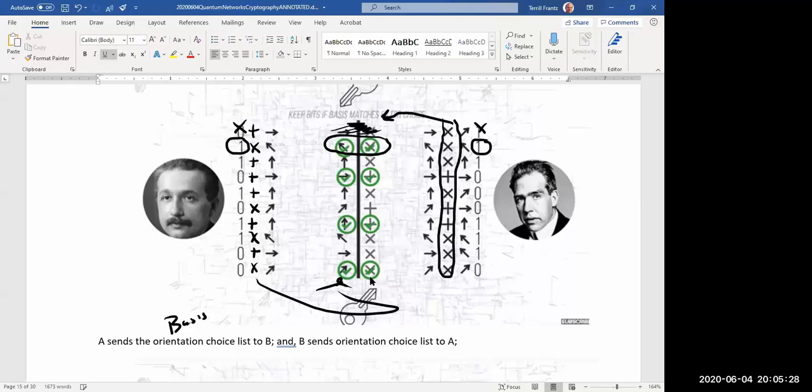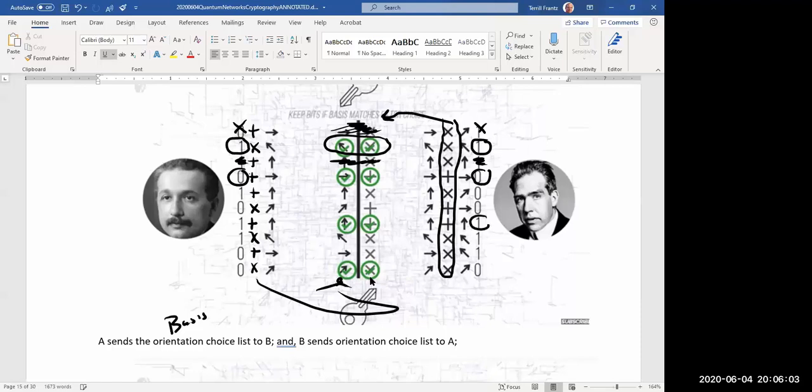The third bit, this was a rectilinear, and B used a diagonal, so that's ignored. And then here, both of them randomly chose a rectilinear, so we'll keep the value that each of them has. See where we're going with this.